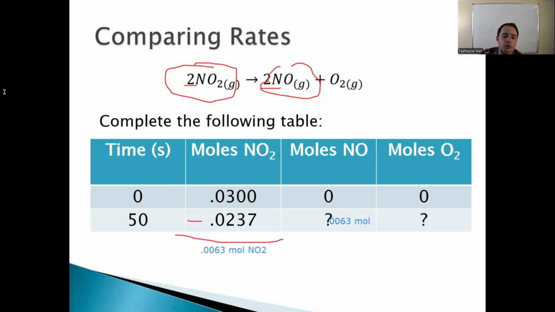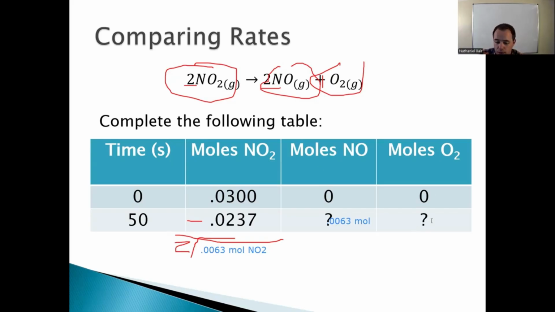Now, how much O2 would be made then? Well, it's going to be half of that, right? We only get 1 O2 for every 2 NO2s that are consumed. So if we consume 0.0063 moles of NO2 and divide that by 2, that's 0.0032, with 2 sig figs.